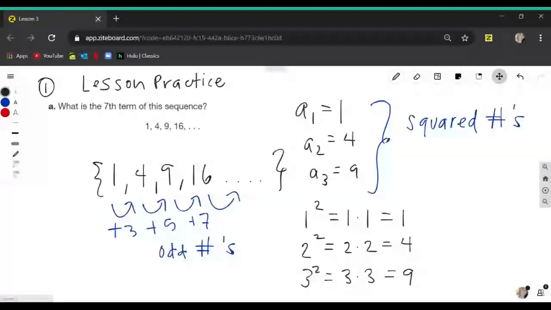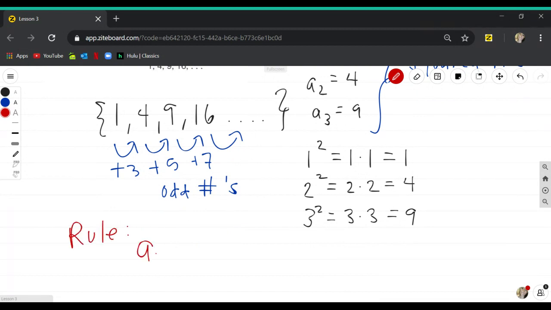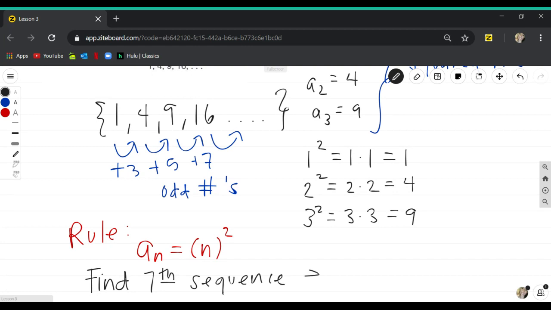So the rule can be written as a sub n equals n squared, right? So it's asking us to find the 7th term. When n is 7, what is it? I just plug in 7, and that gives you 49. That's it. And we are done.